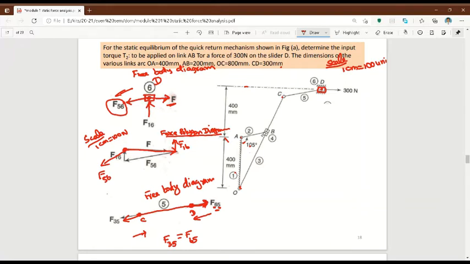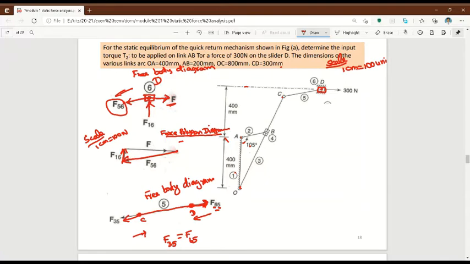So I can't draw like this. Draw F16 here, and F56 on this point. Draw a parallel line to F56 on this point. Now the diagram is complete.